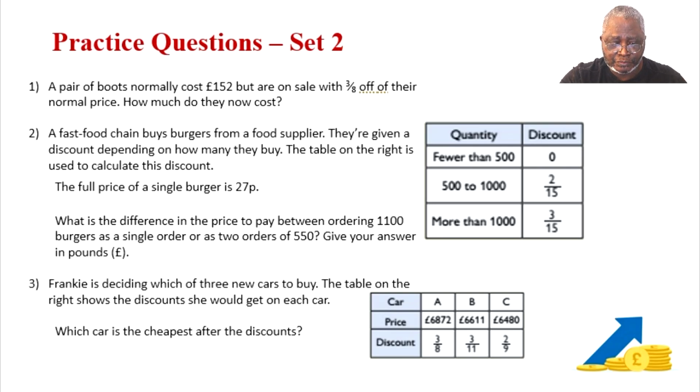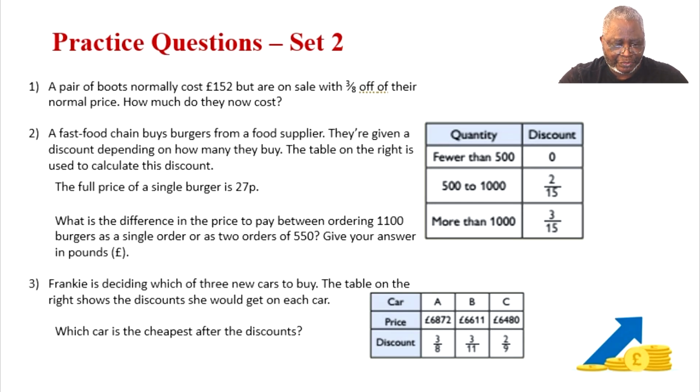The table on the right is used to calculate the discount. The full price of a single burger is 27p, and on the table there you will see quantity and discount: fewer than 500, 500 to 1,000, discount is 2/15, and then more than 1,000, that is 3/15.